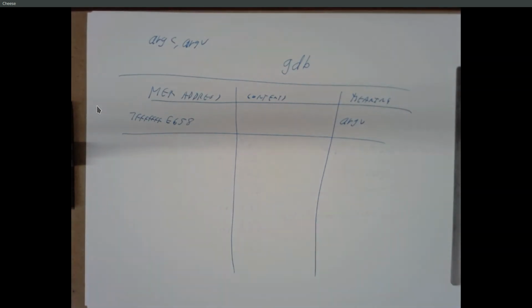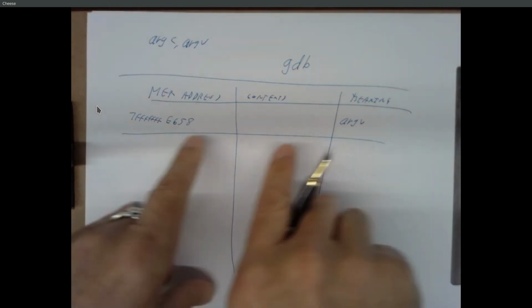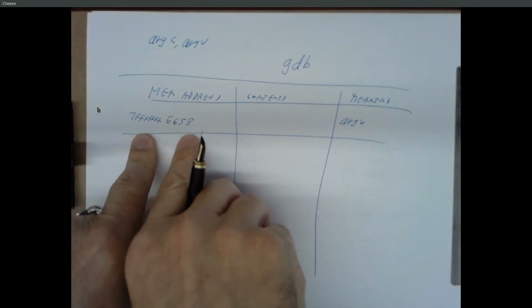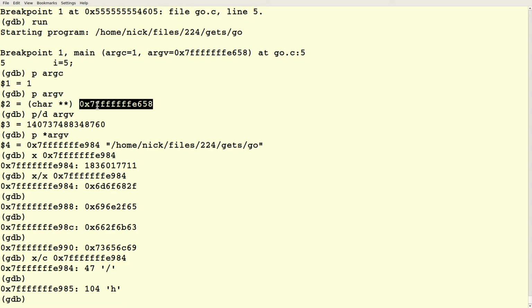It's a location in my 16 gigabytes of memory on my laptop. That's what argv is equal to. What is stored in that location, when I print star argv, is what's at location E658, and it's another hex number which ends with E984.